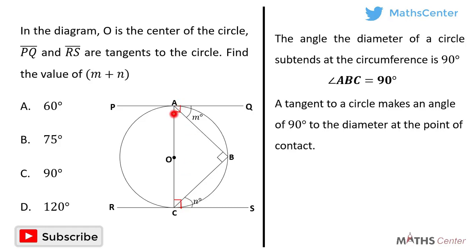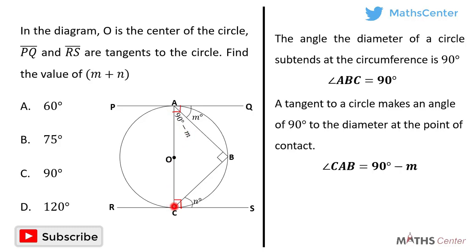If the total angle here is 90 degrees and this angle is M, then angle BAC will be 90 degrees minus M.